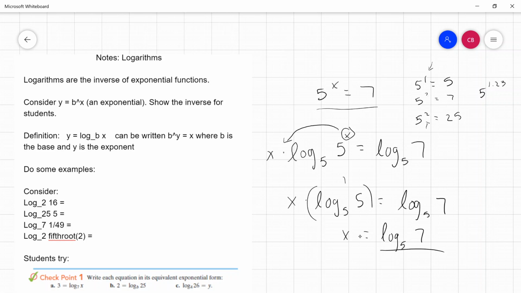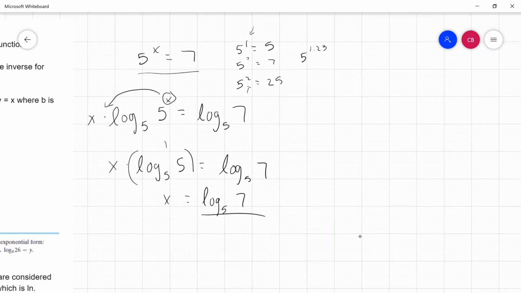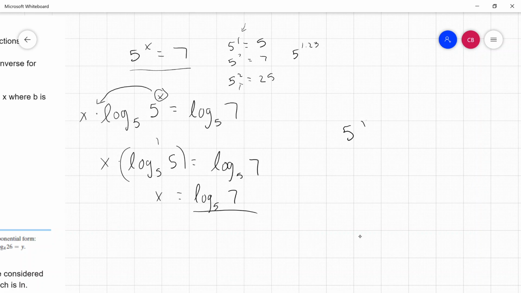So with that being said, just know that if you're given something like this, 5 to the x is equal to 7, then what we do is we go to log. Let me give you a more general form of this. We have a to the x is equal to b.